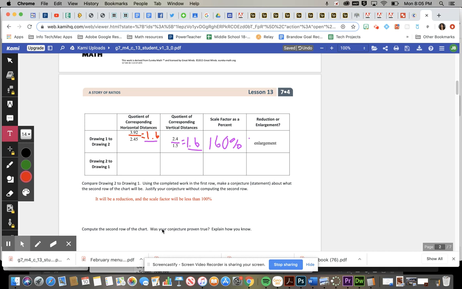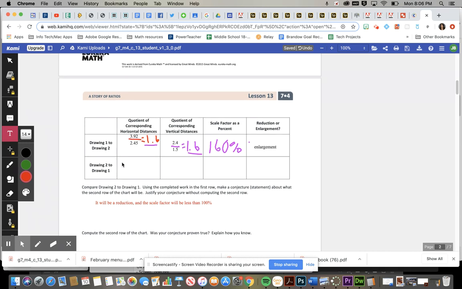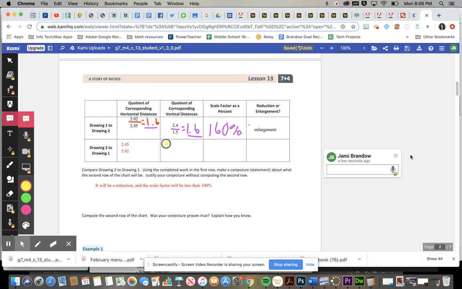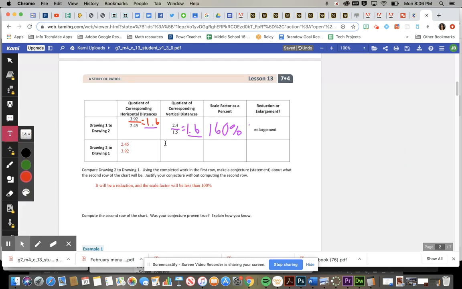Was your conjecture proven true? So now if we're going from drawing 2 to drawing 1, I'm basically going to flip these and do the 2.45 on top. 2.45 divided by 3.92. And over here I would do 1.5 divided by 2.4.